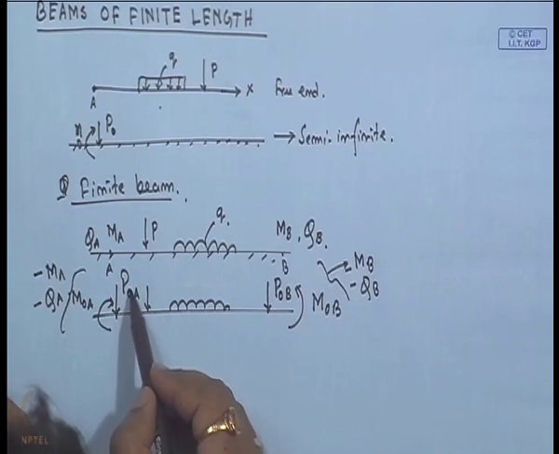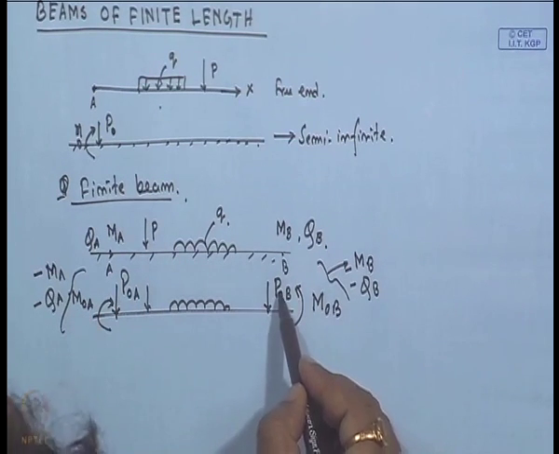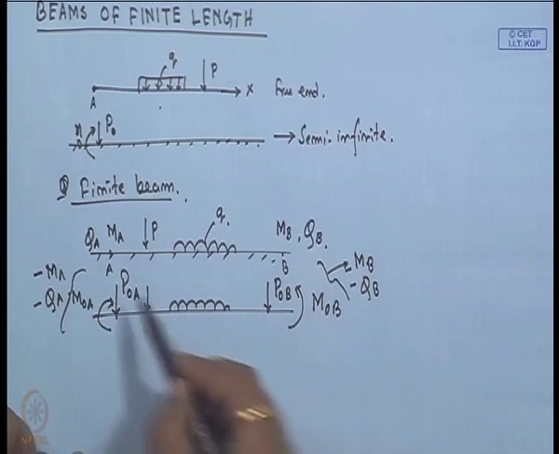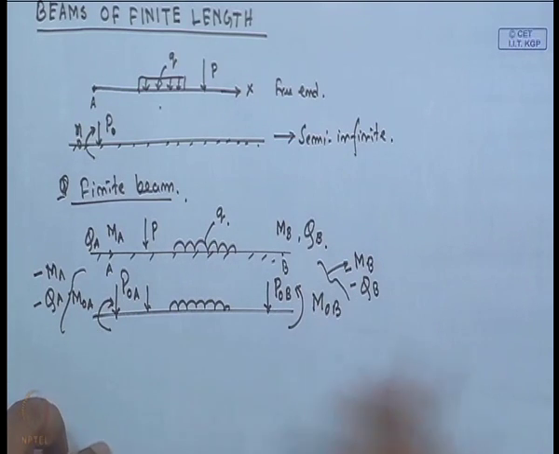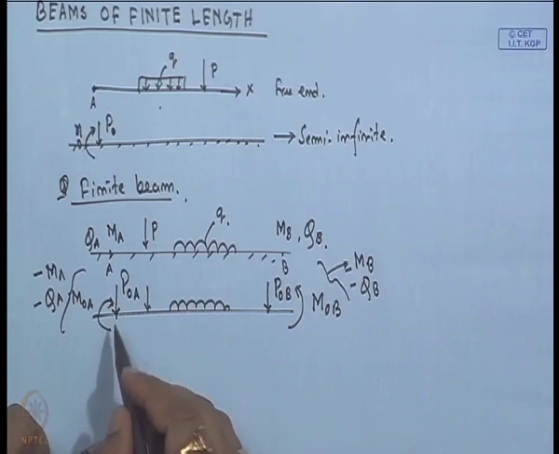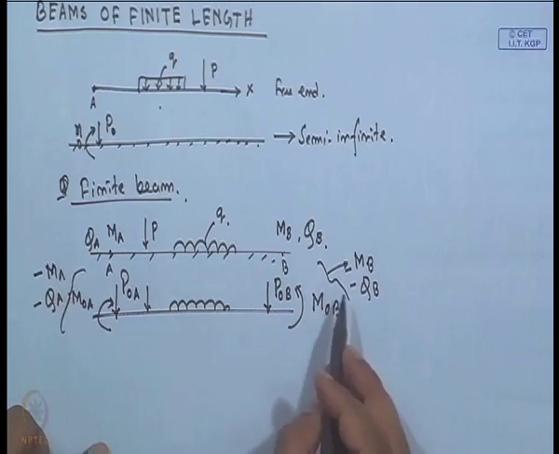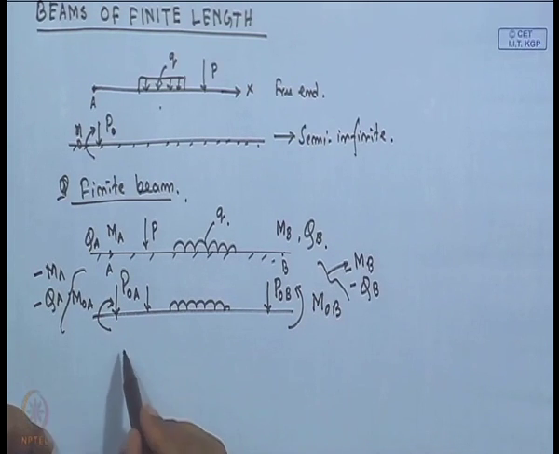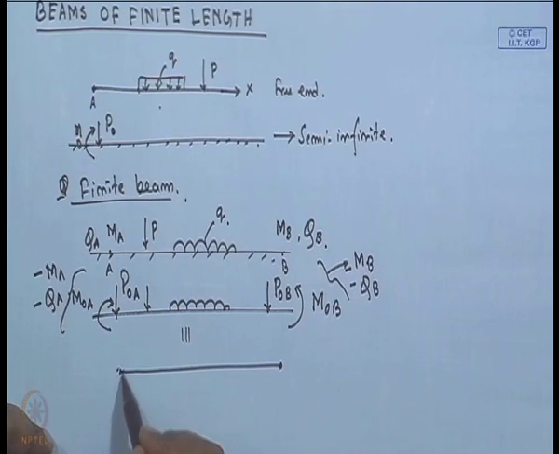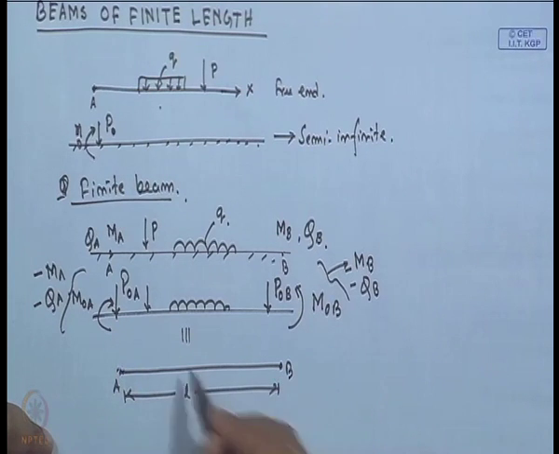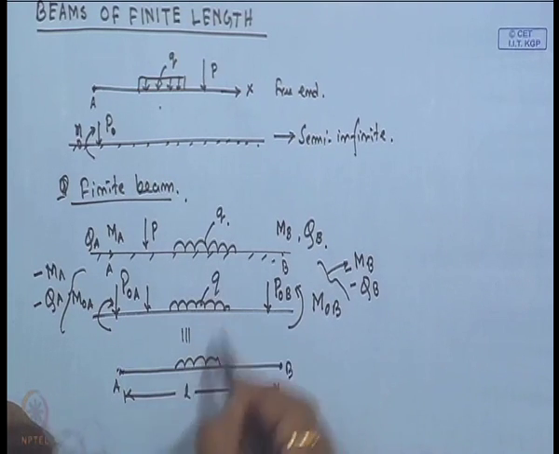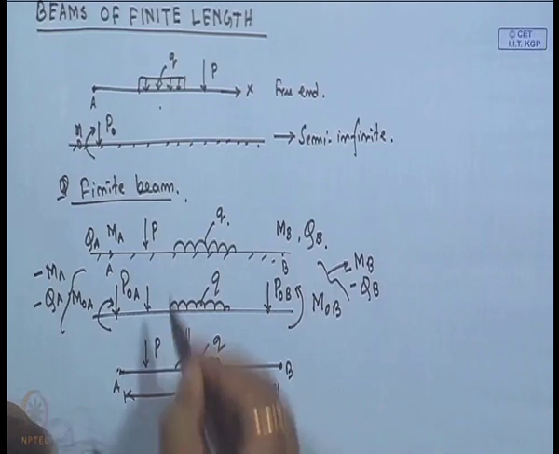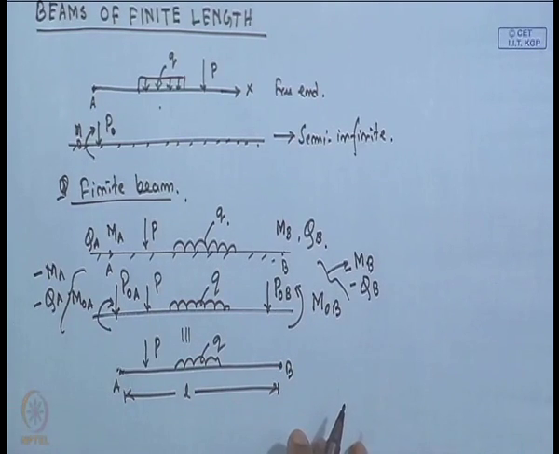As we know, P0A, M0A and P0B, M0B are the end conditioning forces, so they must produce these two moments and two shear forces, such that ultimately this can be converted into a finite beam of length L with the same force Q applied and P applied at any point on this beam.